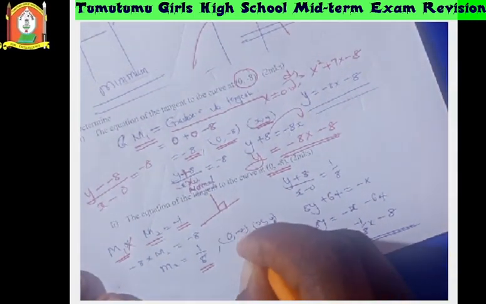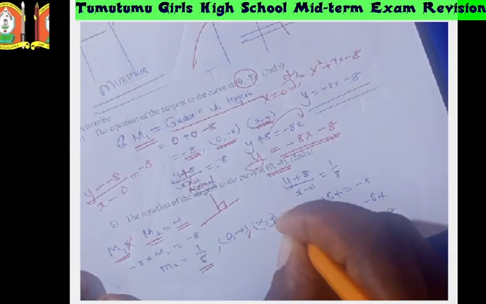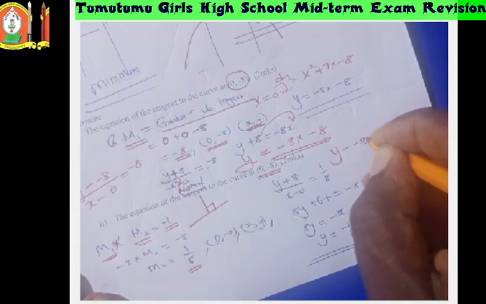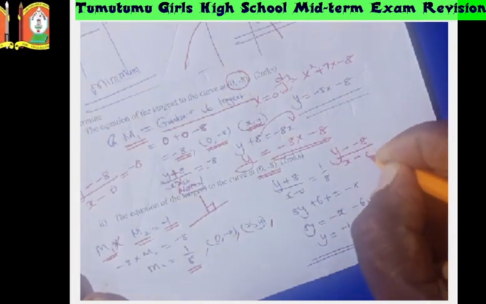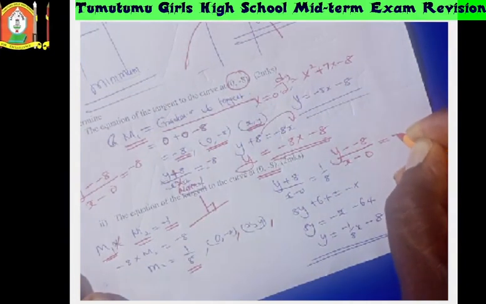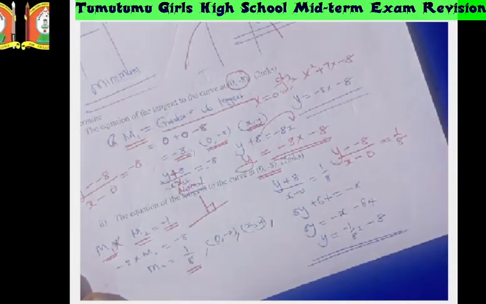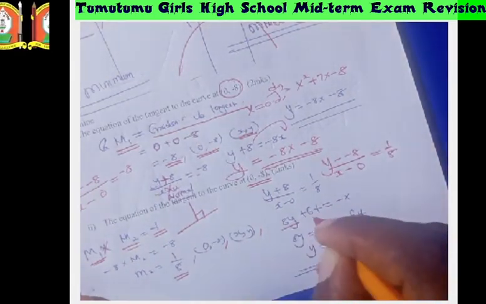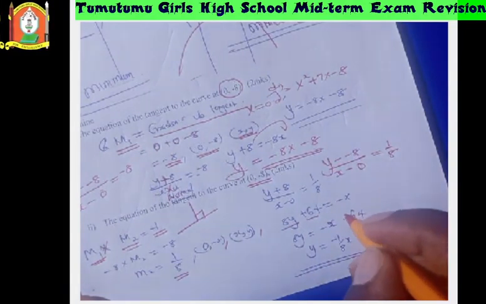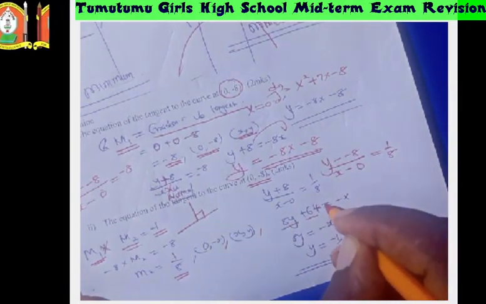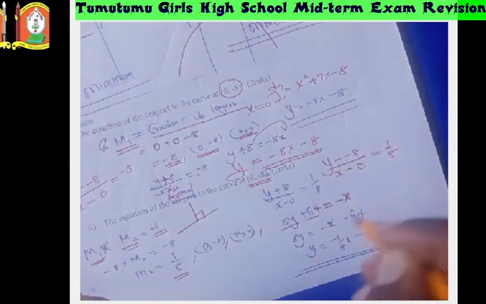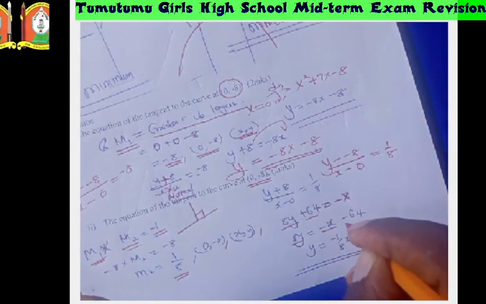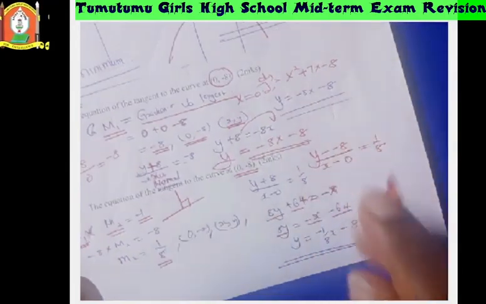The line is passing through (0, negative 8) and (x, y). So (y plus 8) over (x minus 0) is equal to 1 over 8. Now we cross multiply: 8y plus 64 equals x. 64 to the other side, 8y equals x minus 64.